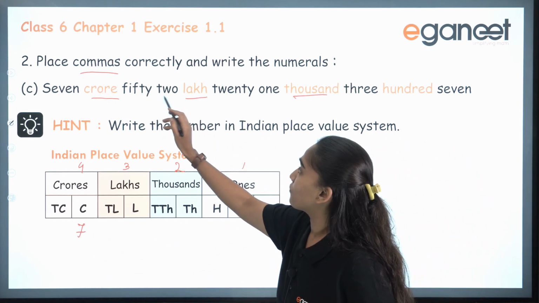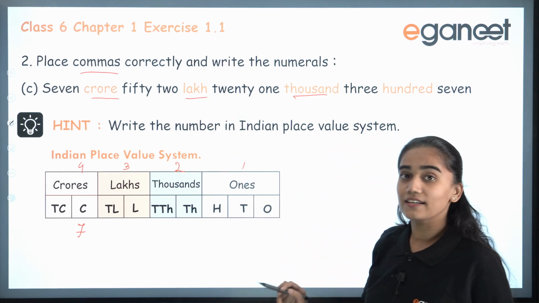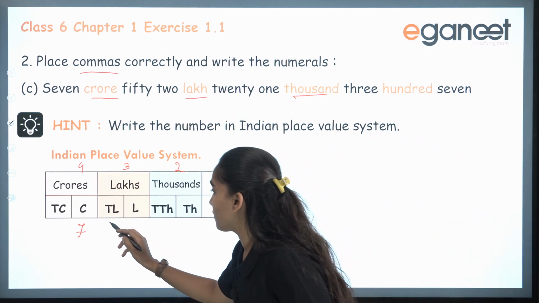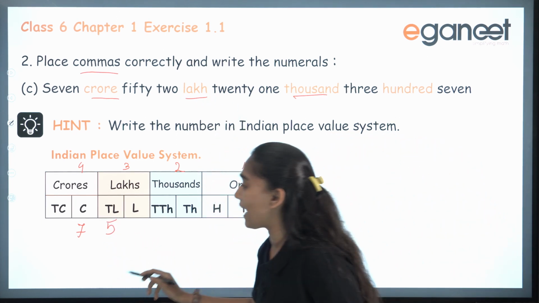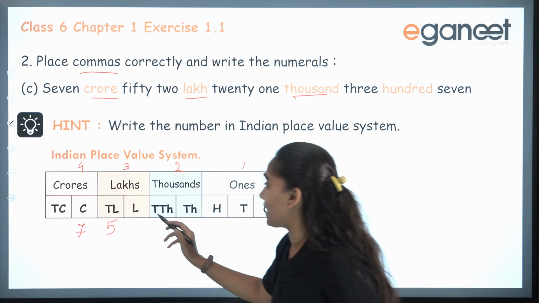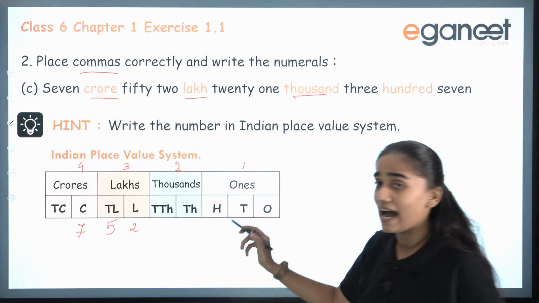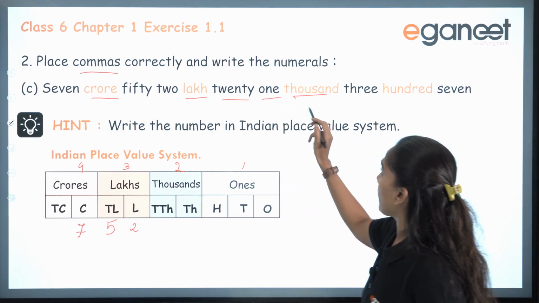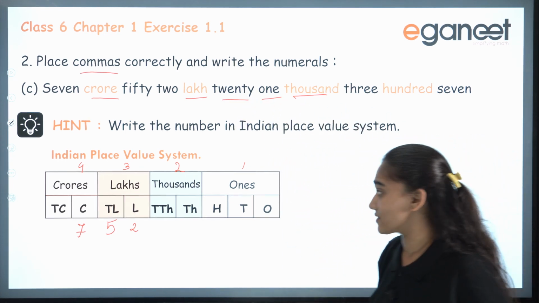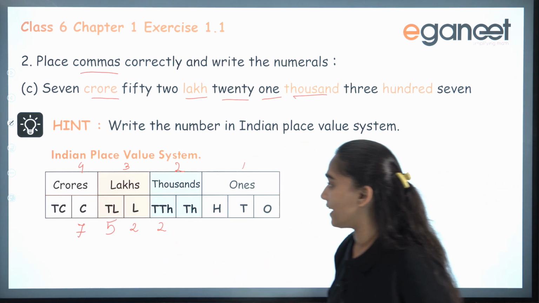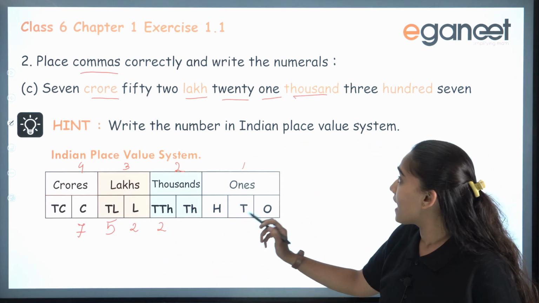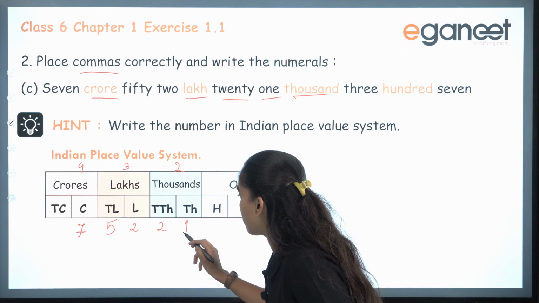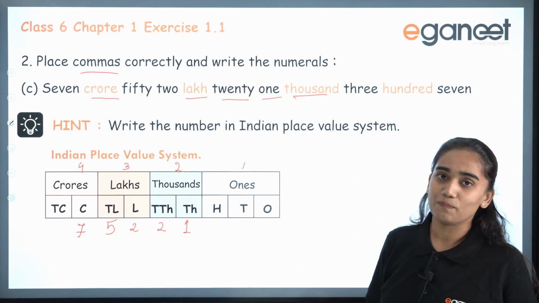Then 52 lakh. It clearly means that 5 should be there at 10 lakhs place and 2 should be there at lakhs place. Then we have 21,000. It means 2 should be there at 10,000s place and 1 should be placed at thousands place.